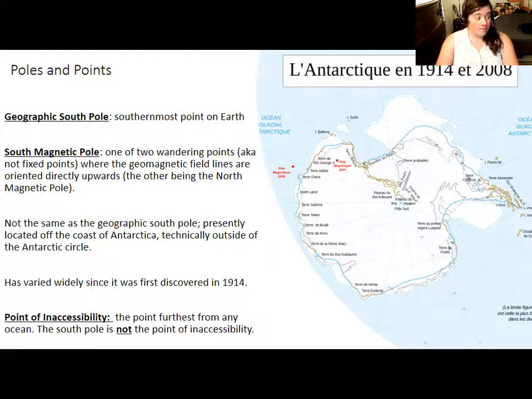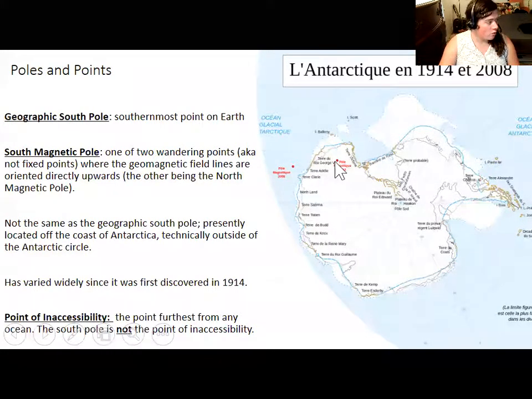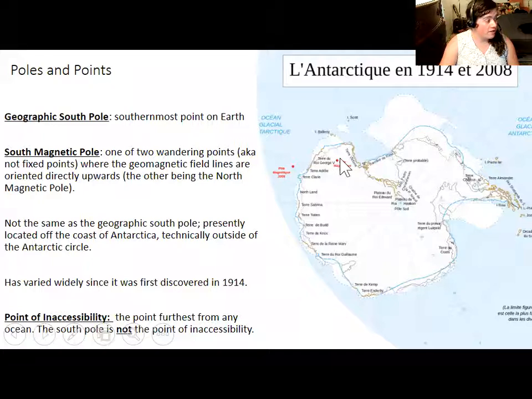It moves. The magnetic poles do not stay in the same place. Also, periodically, the north and south magnetic poles flip, and we'll talk about that also. But on this diagram, this is where the magnetic pole was in 2008. It had wandered quite a bit since it was mapped in 1914.